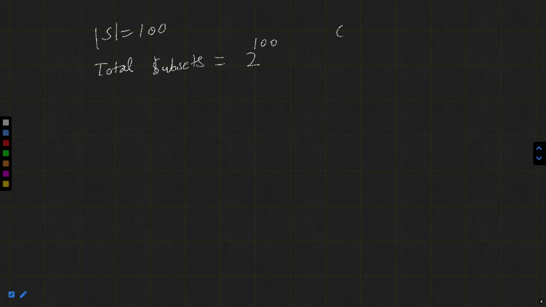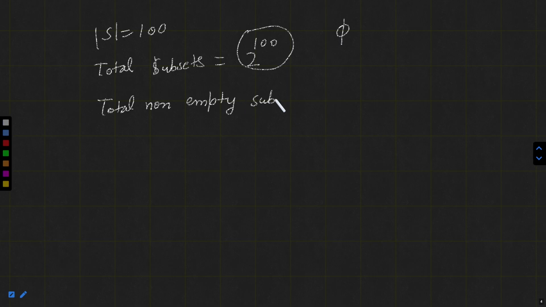We know the only empty subset is the null set. So we eliminate 1, minus 1. If we eliminate one set from this total number of sets, we will be left with the total non-empty subsets of S.